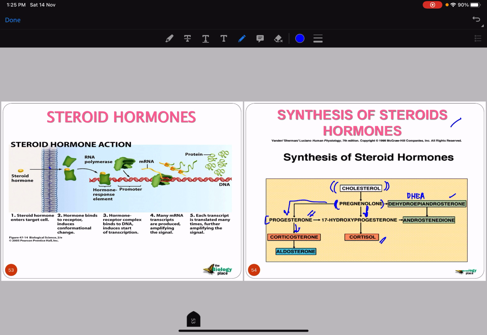So this second stage of enzymatic reaction produces sex steroid hormone first, and then progesterone as a precursor undergoes enzymatic reaction and is converted into corticosterone, a glucocorticoid, which can then be converted into mineralocorticoid. So this is basically how steroid hormones are synthesized.